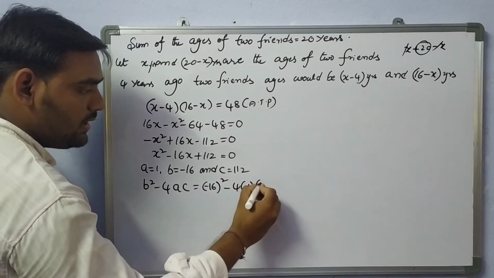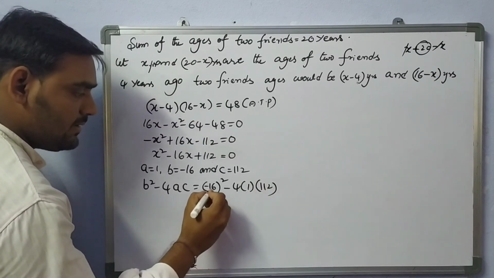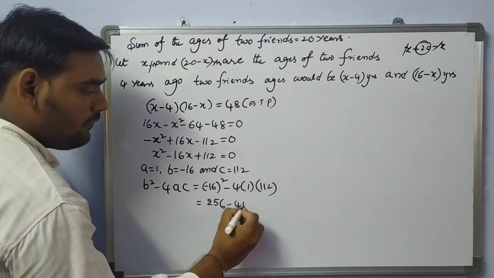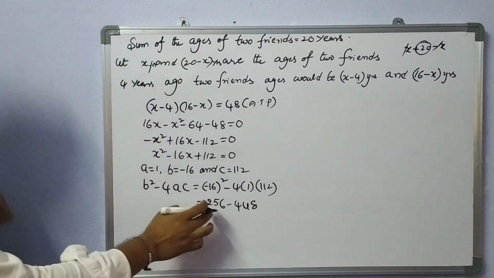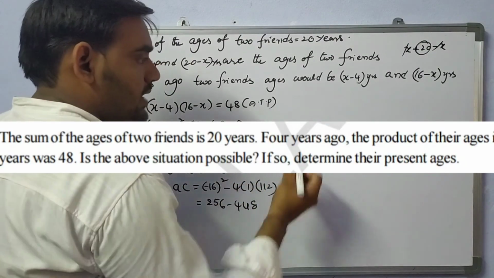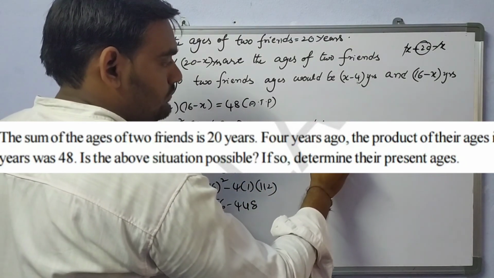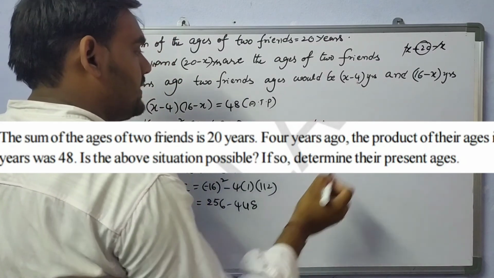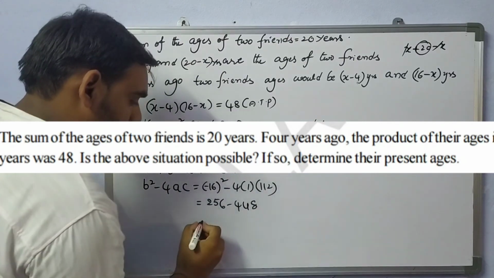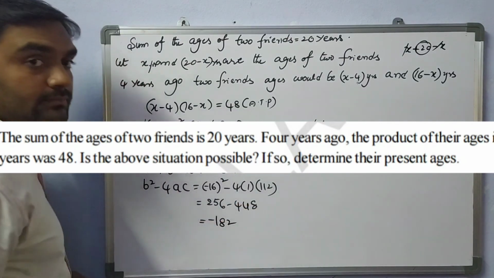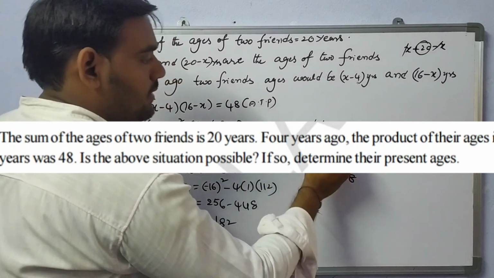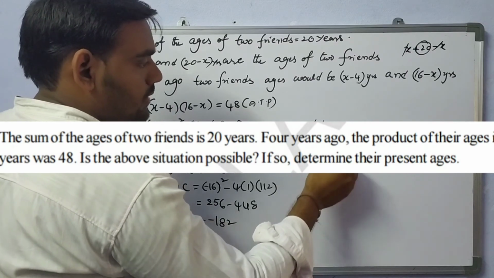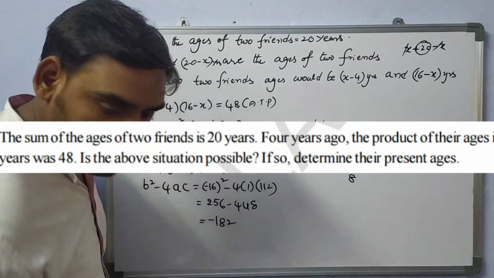4 into 1 into 112. See, minus 16 whole square is 256, minus 448. See here, 256 minus 448. If you have any doubt, add here.